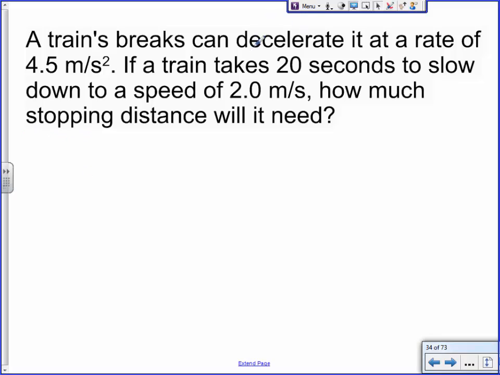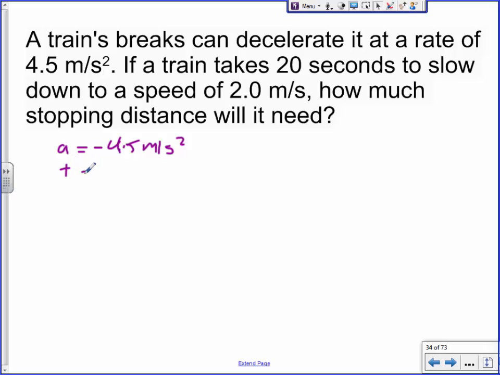So I might say, look, we have a deceleration. So that's my acceleration of 4.5 meters per second squared. I'm just going to write that one down in the corner, but I'm actually going to add something to it. Yeah, throw a negative sign in there. Why? It's decelerating, it's slowing down, yeah. I need to make sure I'm careful on the negative side.